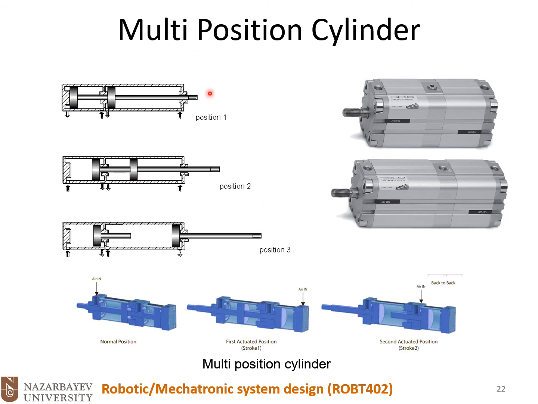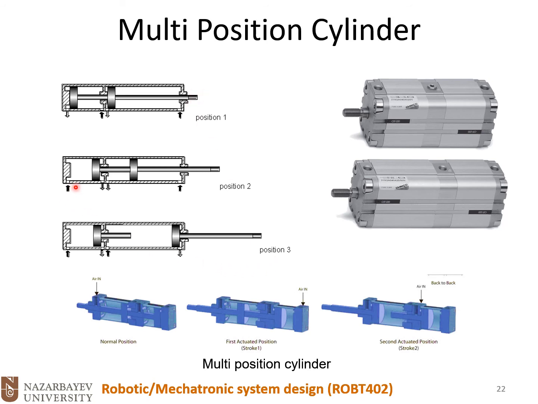So what are the possible positions? If this chamber is pressurized and this chamber also is pressurized, both of them are moved completely backward to the end, and you see that this is one position for the rod.